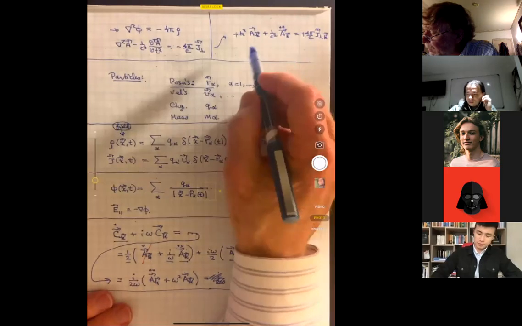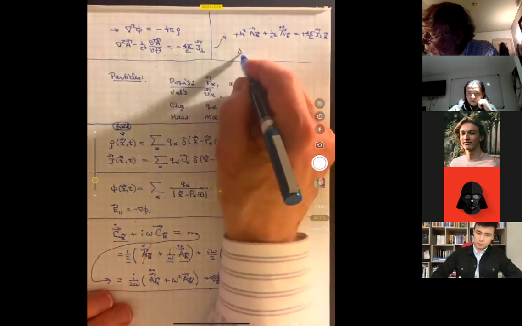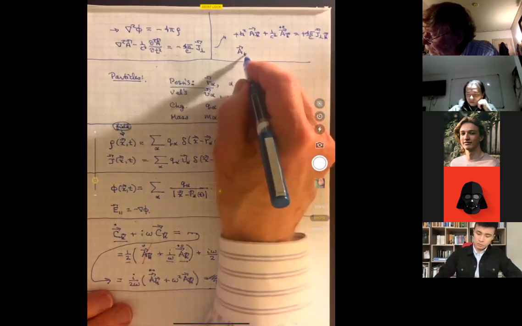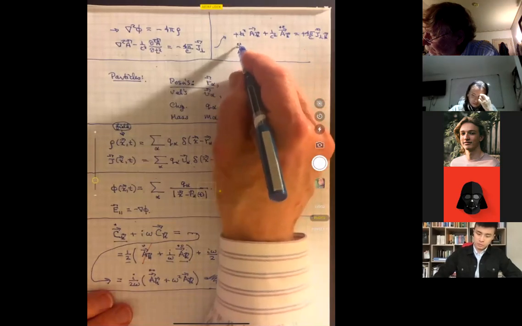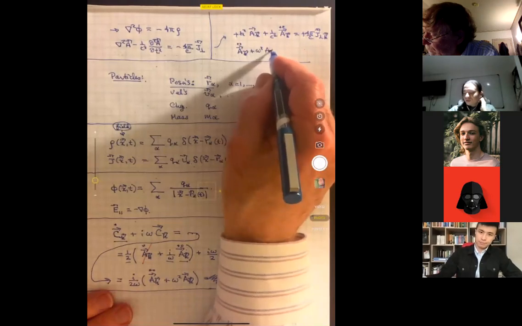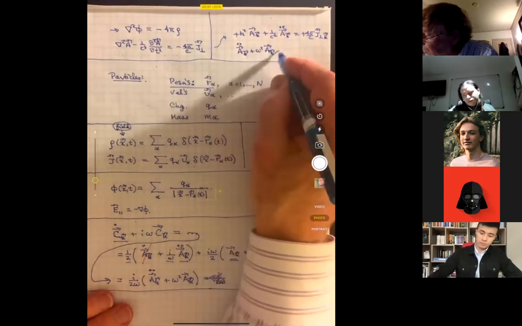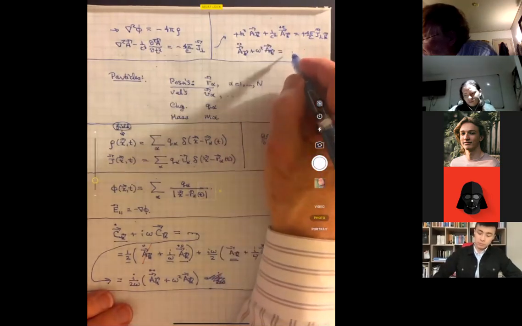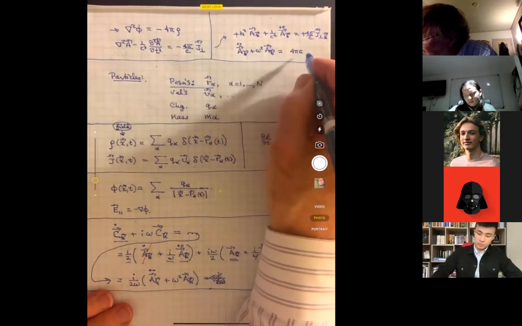If I change signs on this and multiply through by c squared, what I get is A sub k double dot plus omega squared times A sub k is equal to 4 pi c times j perp sub k.